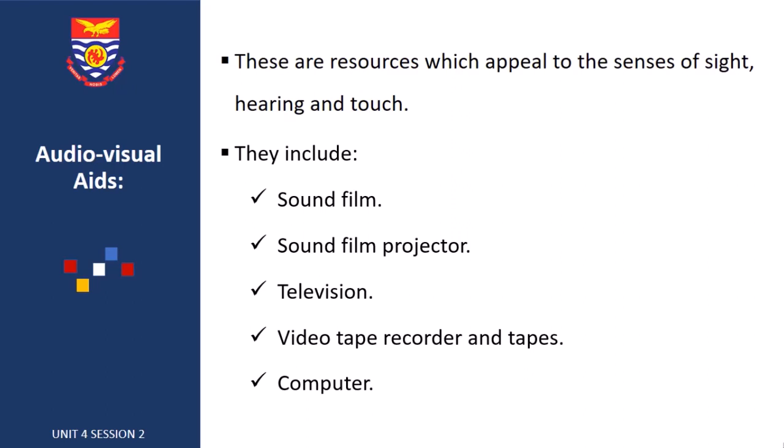All these materials can provide both audio as well as visual properties to the learner, and at the end of the day, they will ensure that teaching and learning are being made effective when you, the teacher, are able to use it well.